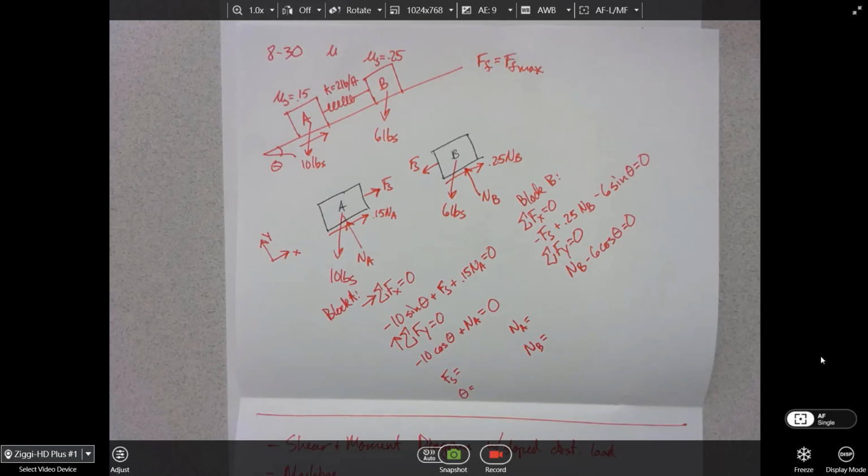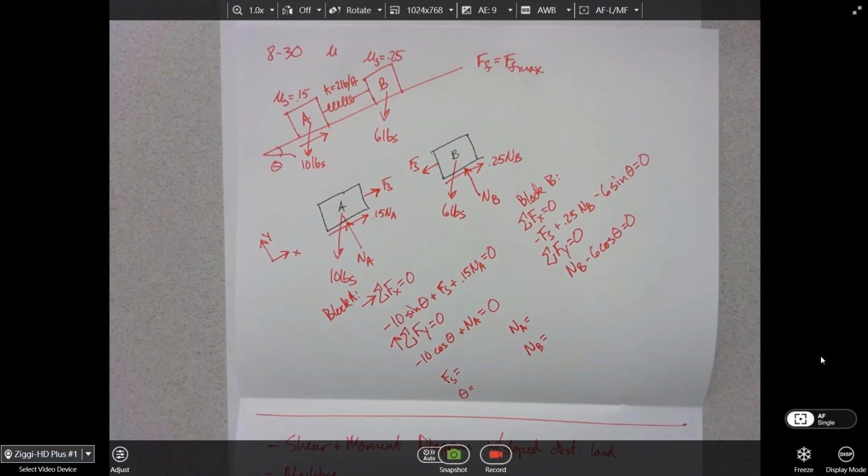At A, I'll have 10 pounds going down. I'll have the normal force at A. We're tilting this up, so that means the block is going to slide down, so the force of friction is going to act up, right?